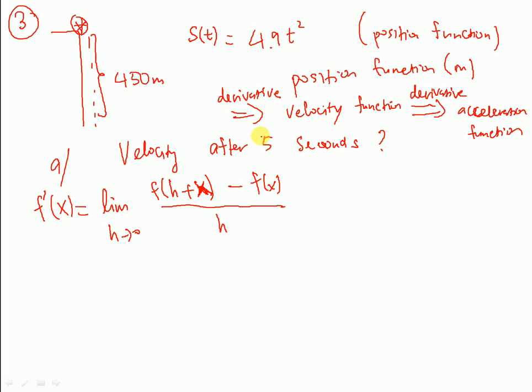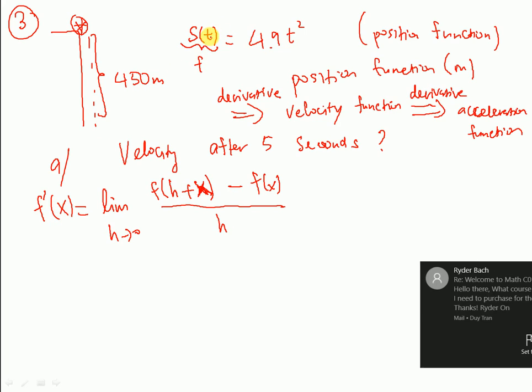So we can call this, maybe, the f function. It matches with this formula, so we can plug in. Now in this case, we are trying to find the velocity function, and the variable should be the time, so we need to match with this one.